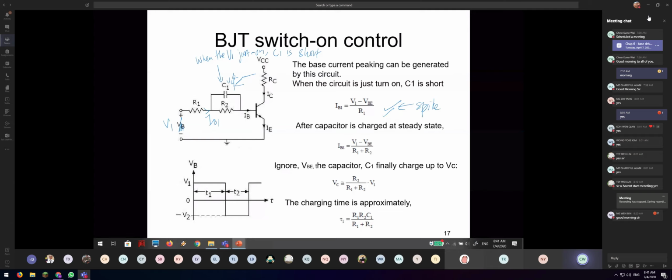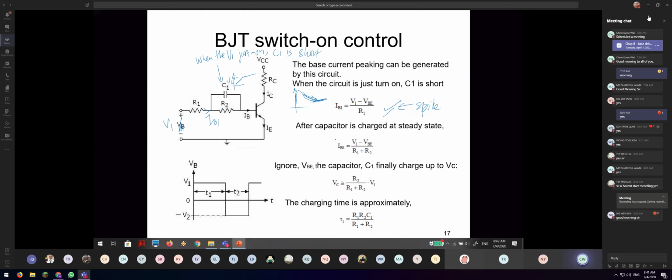When it first turns on, it is very fast. Then it will slowly reduce because of the capacitor, as the capacitor charges, until it achieves the stable IB.